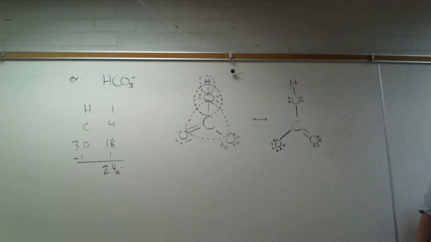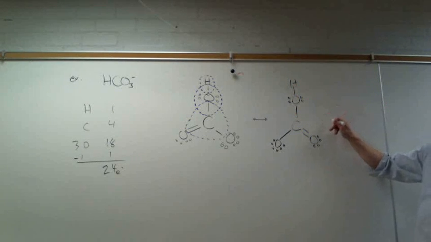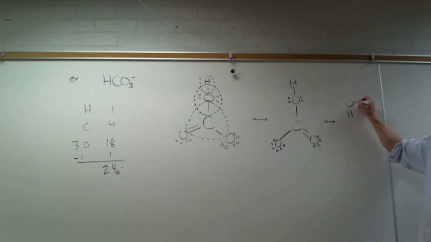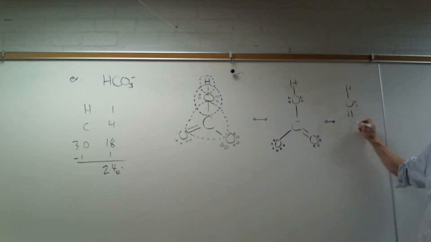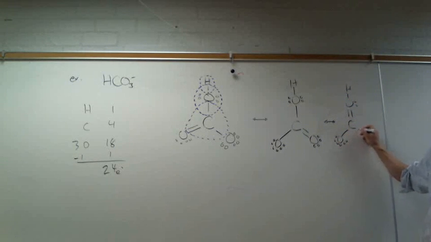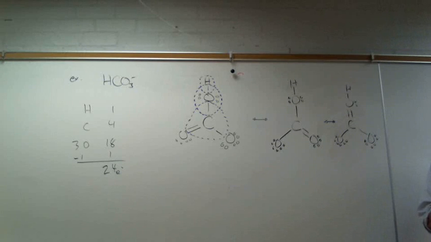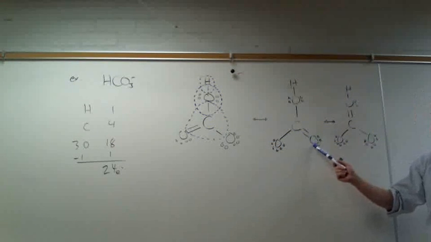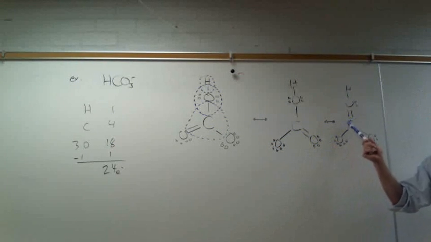If I use the top one, we end up with this structure here. You cannot do that, it'll violate the oxygen. So these are the three possible scenarios for completing carbon's octet. I form a double bond on the bottom left, I form a double bond on the bottom right, or I form a double bond up here.